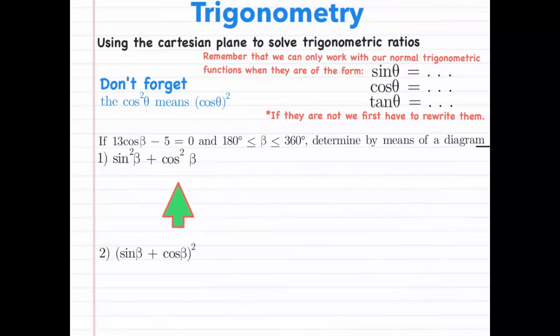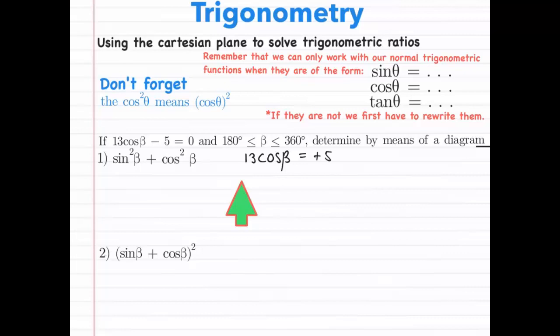Okay, so the first thing I want to do is, we know that we do not have a normal function. We've got 13 cosine beta minus 5 equals 0. So we want to rewrite that first. And we do this here on the side. So we are just simply going to take the 13 cosine of beta, and I'm going to move that minus 5 to the other side, and then it becomes a plus 5.